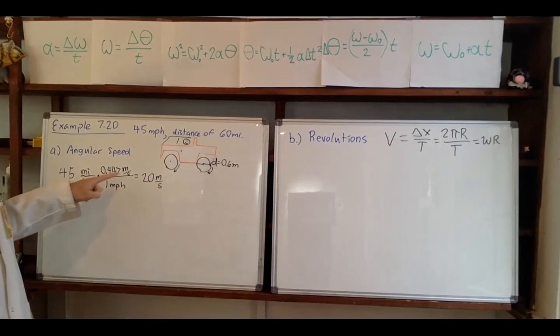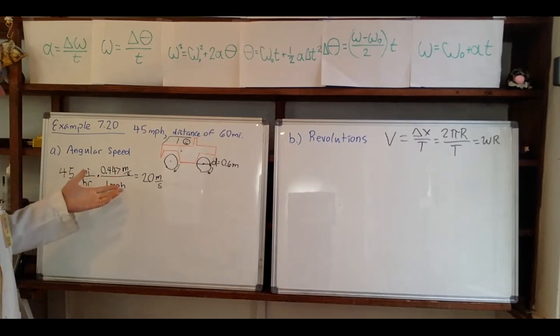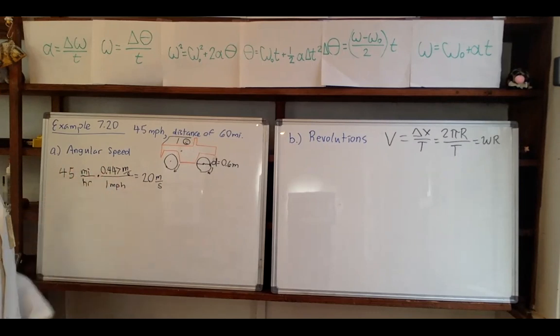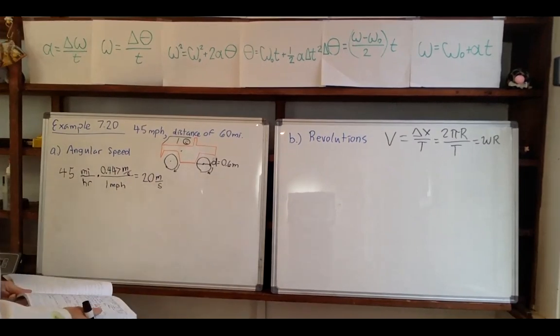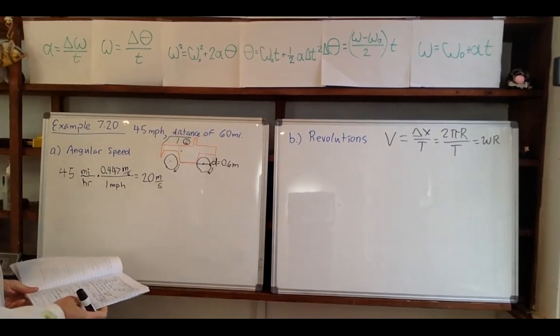This is a combined conversion because it's already got the miles and the hours built into it to convert right to meters per second. So that's kind of a nice shortcut if you have to do a lot of these. So the Jeep is moving at 20 meters per second.